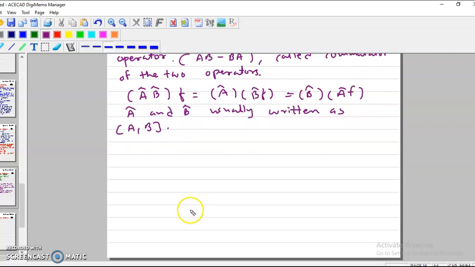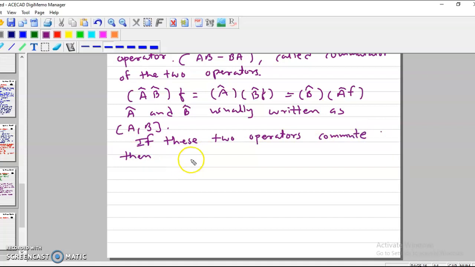If these two operators commute, then [A, B] is equal to A into B minus B into A, which is always 0.